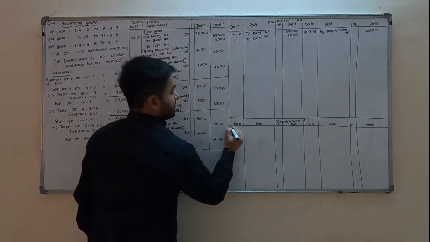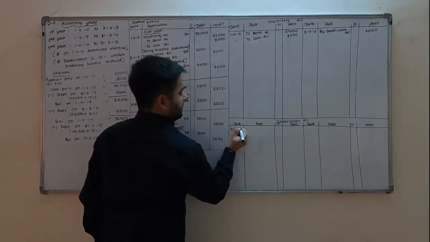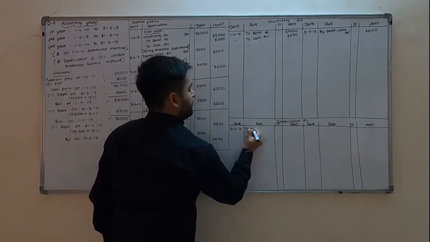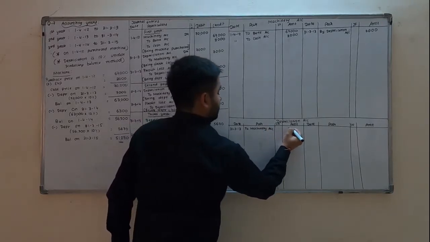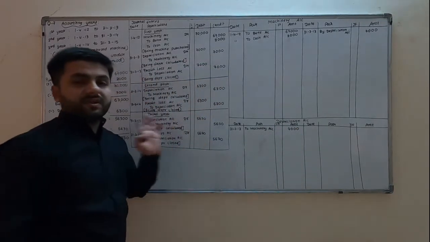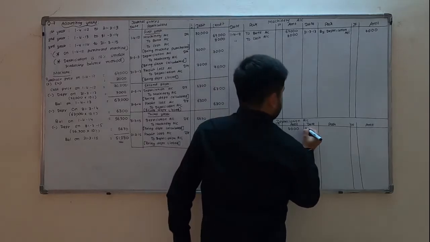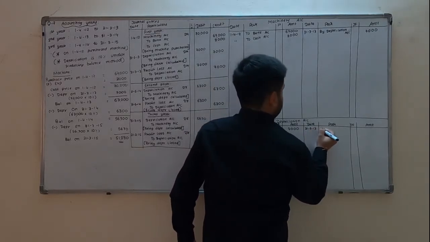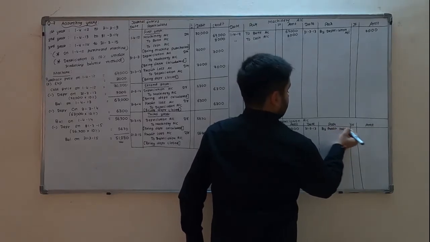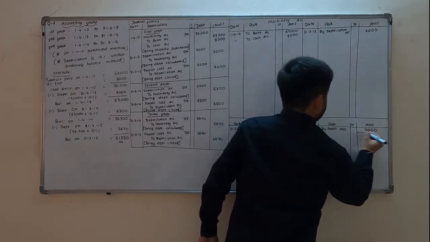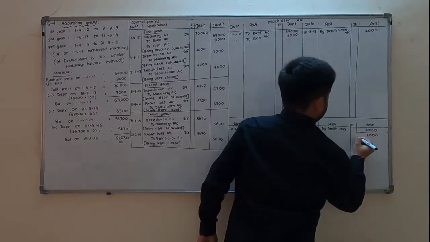There it is credited, so here it should be debited 31/3/13 to machinery account. Amount is 7,000. Now we should close the depreciation first. On credit side, 31/3/13 by profit loss account 7,000. So this will be equal on both the sides.